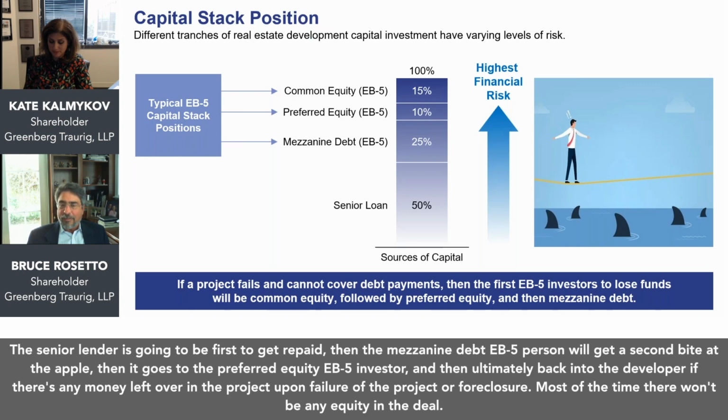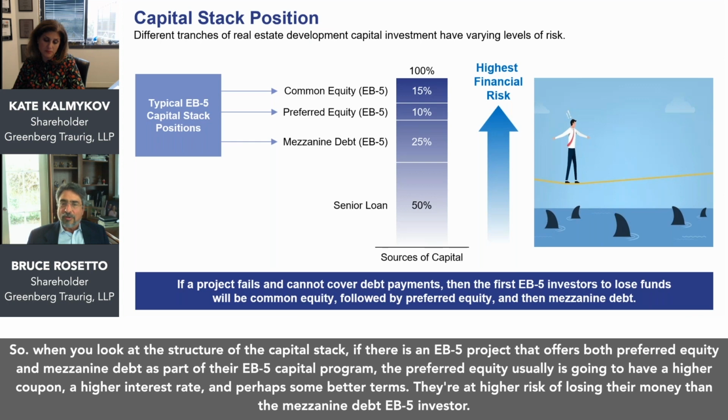The senior lender is going to be first to get repaid, then the mezzanine debt EB-5 person will get a second bite at the apple. Then it goes to the preferred equity EB-5 investor, and then ultimately back into the developer if there's any money left over in the project upon failure of the project or foreclosure. Most of the time there won't be any equity in the deal.